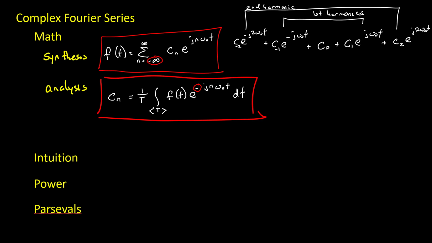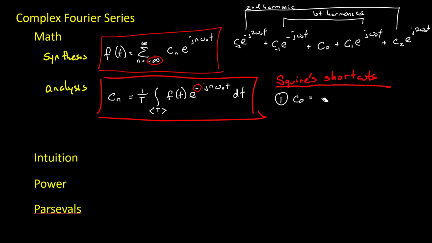So on one hand, this looks like a more complicated integral since we're taking integrations of complex functions. There's a couple of shortcuts we can use to make this easier. And since I'm the one making the video, I'm going to name them after myself. The first is that you want to begin by finding c sub naught.